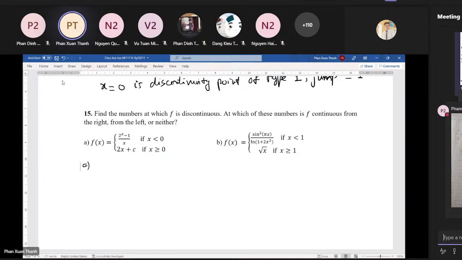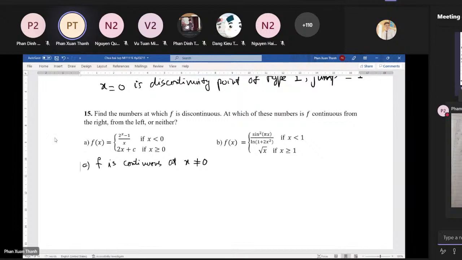So we have to find the number at which f is discontinuous. We say that f is continuous as long as x is not 0. So the function is continuous there, and now we have to determine whether or not the function is continuous at x equals 0.